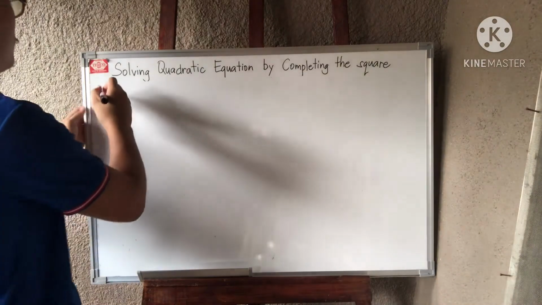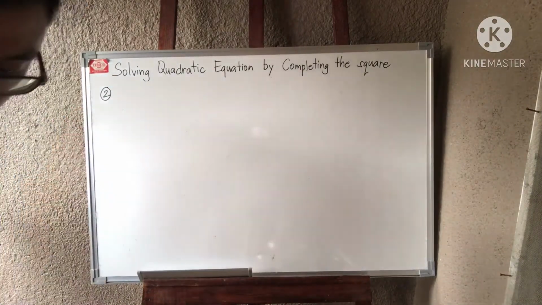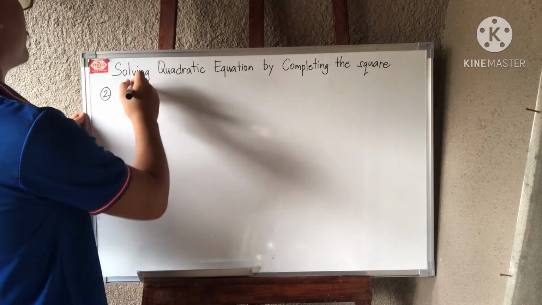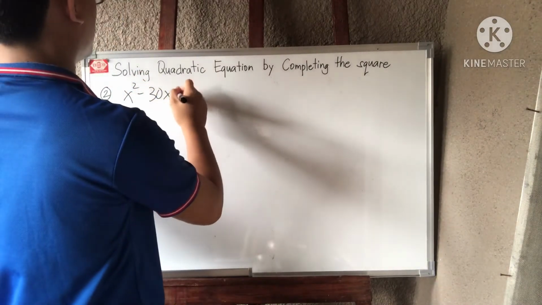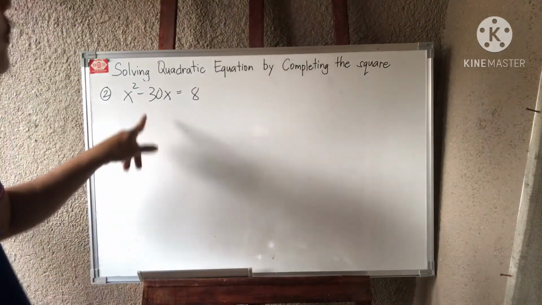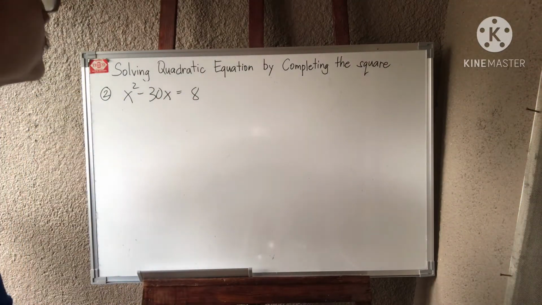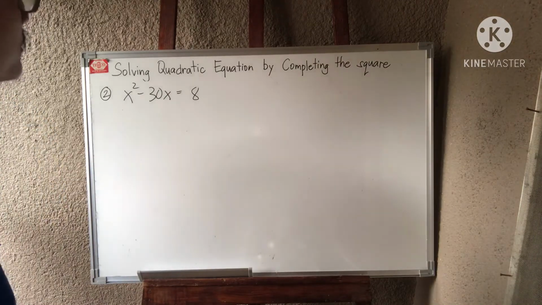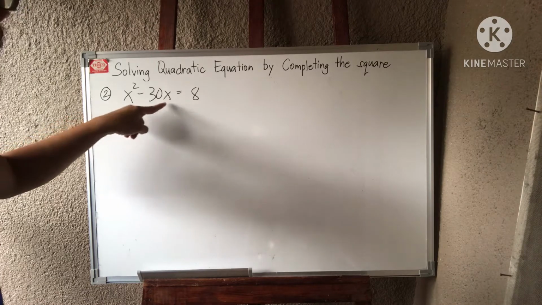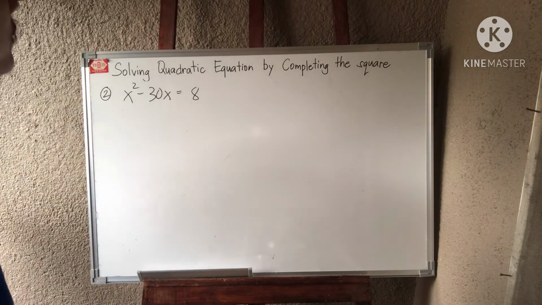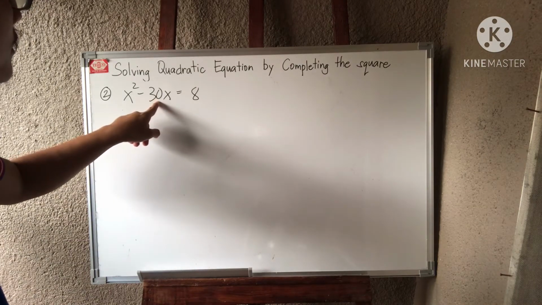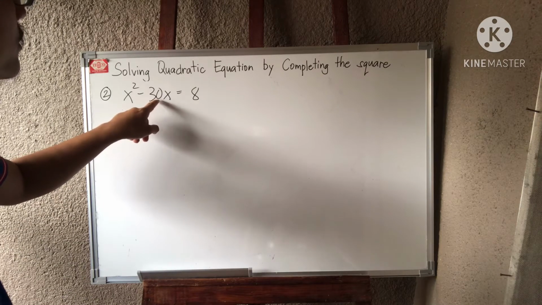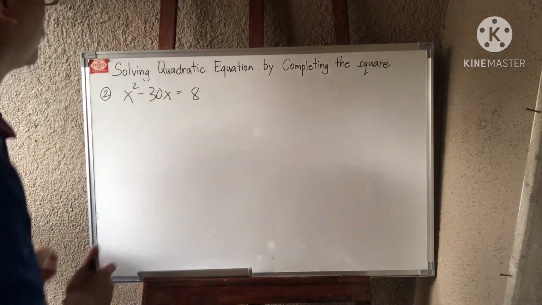Okay, number 2. So, we have x squared minus 30x equals 8. So, kung mapapansin natin, yung constant na ilipat na, no? Nandun na siya sa right side. So, our concern now is we make this side a perfect square trinomial by dividing this term by 2 and then square for completing the square.